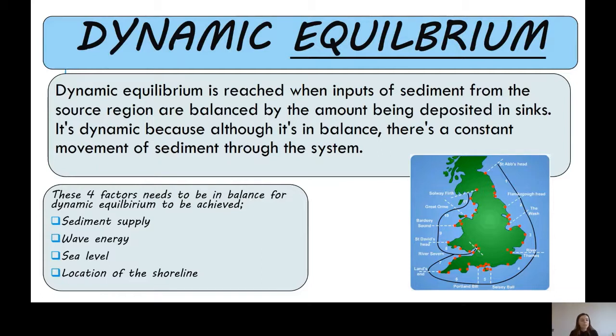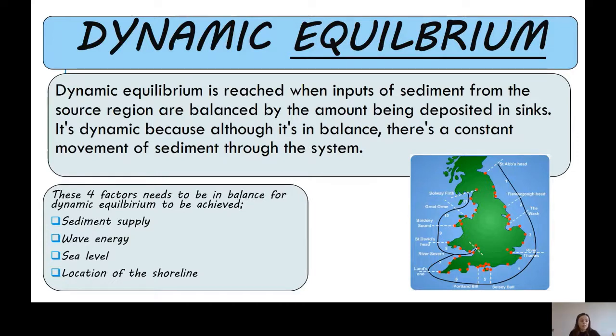If something happens to break this equilibrium, the system will change to restore itself. This is known as dynamic equilibrium, as a system can respond to disturbance.